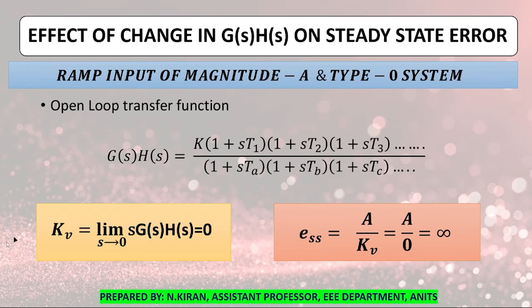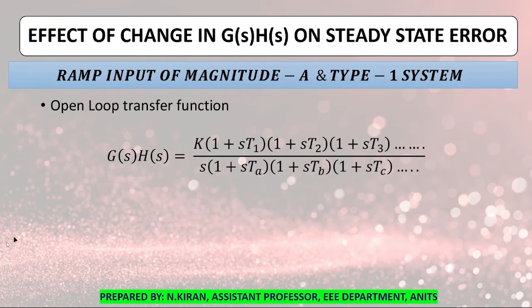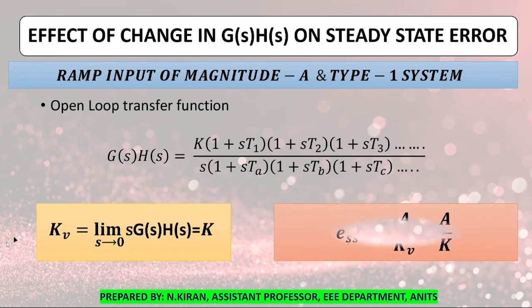If I consider a type 1 system, then there is an S term in the denominator. So the S in Kv will cancel that S, so that we get a constant value for Kv, and ESS value, which is A by Kv, is A by K. So in this case, for ramp input of a type 1 system, we are getting a constant Kv value as well as a constant steady state error.